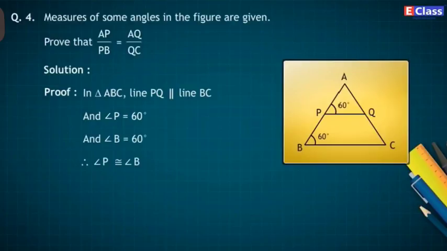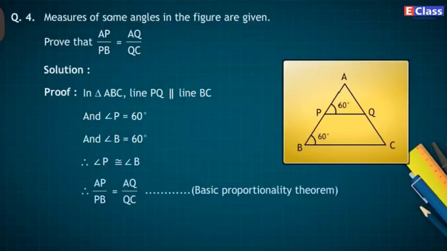Hence, angle P is congruent to angle B. Hence, AP upon PB is equal to AQ upon QC by basic proportionality theorem. Answer: AP upon PB is equal to AQ upon QC.